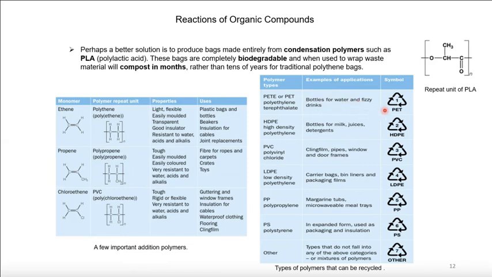We can recycle it. That is the symbol of PET. Similarly, this is the symbol of HDPE. This is the symbol of PVC. This is the symbol of LDPE. This is the symbol of PP. And this is the symbol of PS. These are all polymers, and for other polymers, we have a symbol like this.